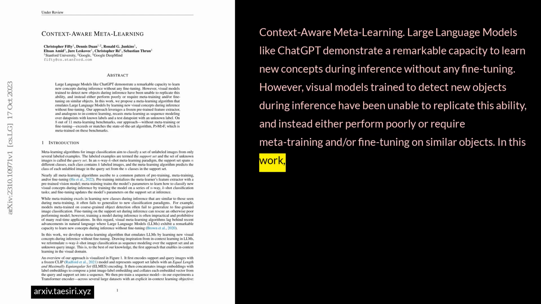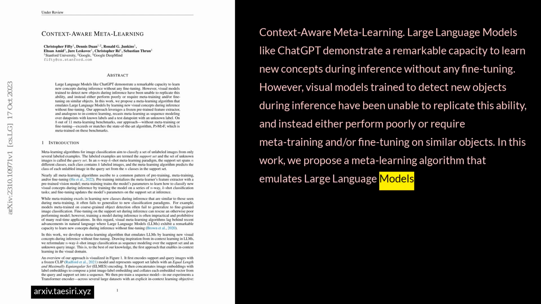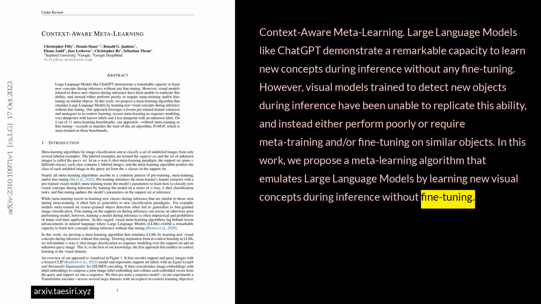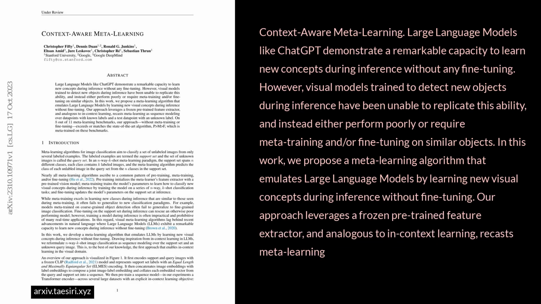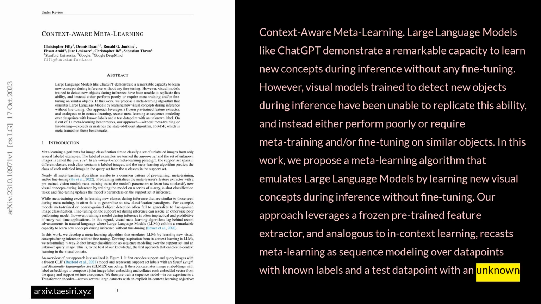In this work, we propose a meta-learning algorithm that emulates large language models by learning new visual concepts during inference without fine-tuning. Our approach leverages a frozen pre-trained feature extractor and, analogous to in-context learning, recasts meta-learning as sequence modeling over data points with known labels and a test data point with an unknown label.